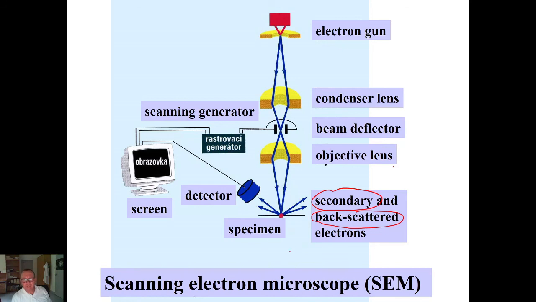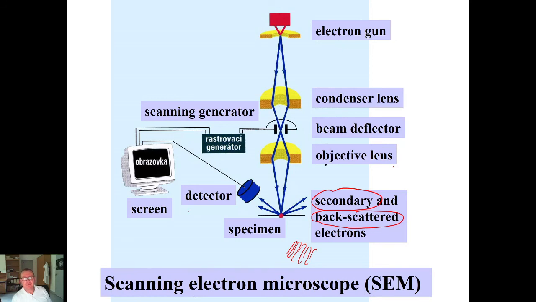This movement of the beam maps the surface of the specimen in a special raster, and the picture is then detected. That means these secondary or backscattered electrons are detected and visible on the screen.